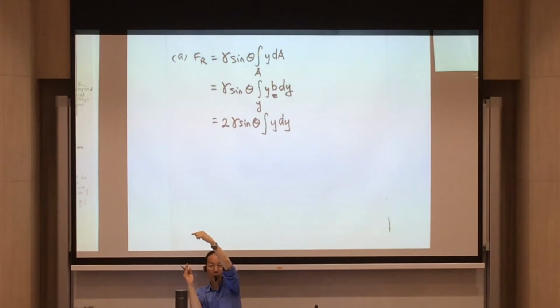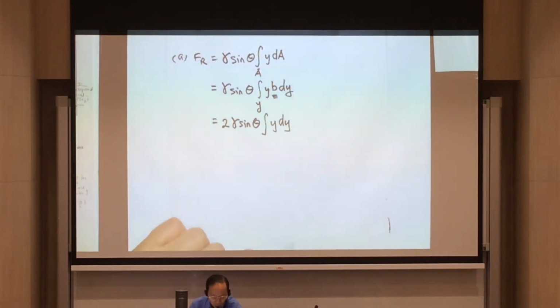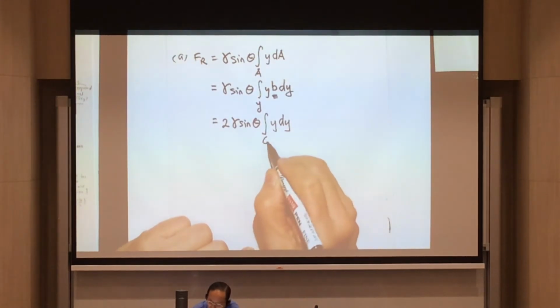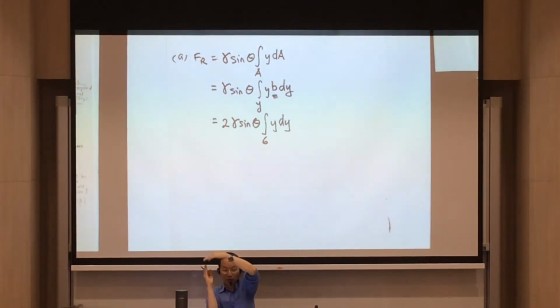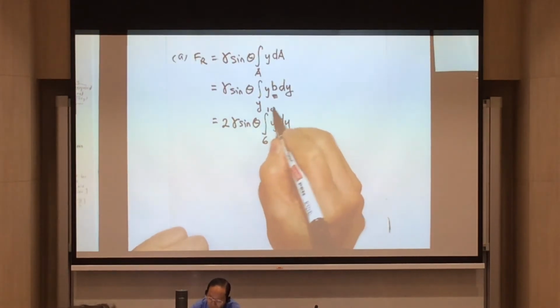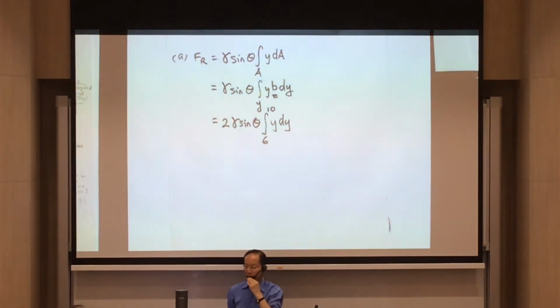So y will go from 6 meters, the top of the gate from the water surface, all the way to the bottom of the gate, which is 10. 6 to 10.